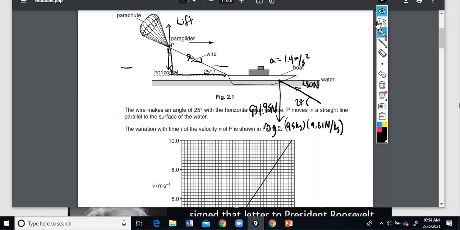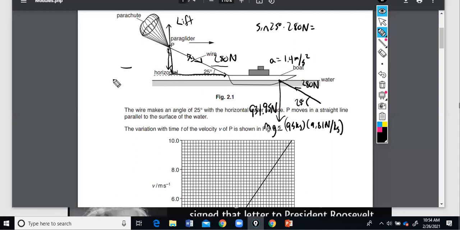So you have to resolve that vector here, and we can do that real quick. We'd have the down component of this 280 newtons. 280 newtons is the tension in the actual wire going this way. So there's a component that's opposite that 25-degree angle. So the sine of 25 degrees times 280 newtons.